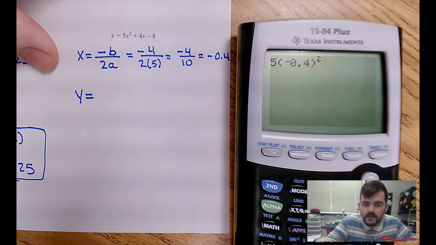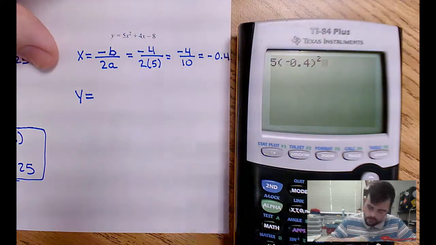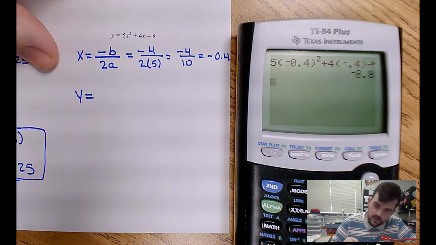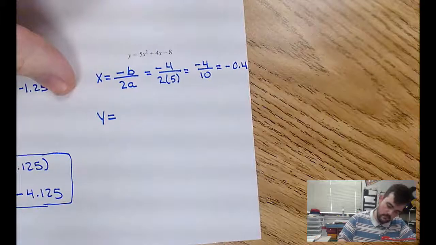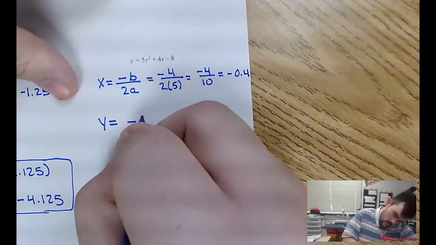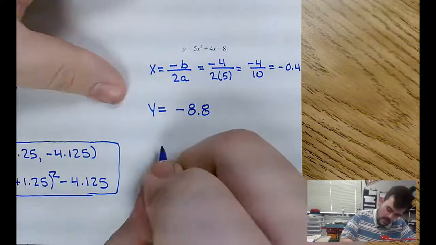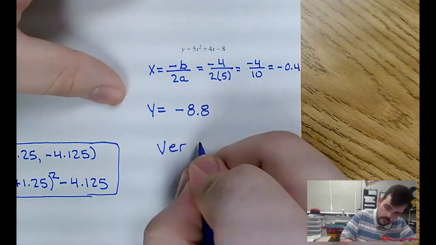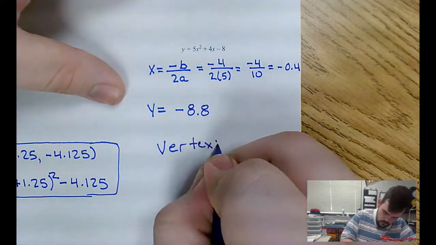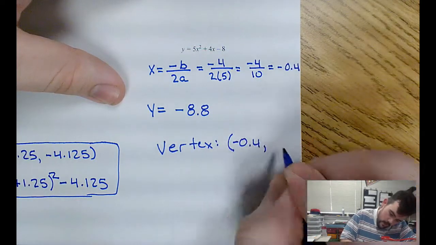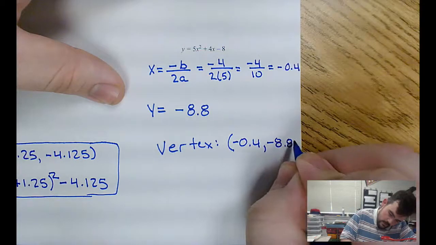Okay, so 5 times negative 0.4 squared plus 4 times negative 0.4 minus 8 gives me negative 8.8. So my vertex is negative 0.4 comma negative 8.8.